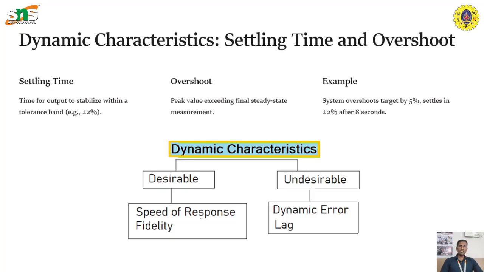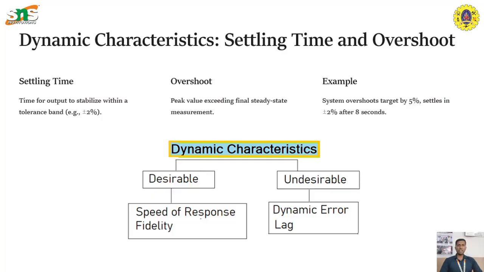So consolidating all this, what is desirable when you are considering the dynamic characteristics of an instrument? What is desirable is speed of response fidelity. Your instrument should respond to changes very quickly.